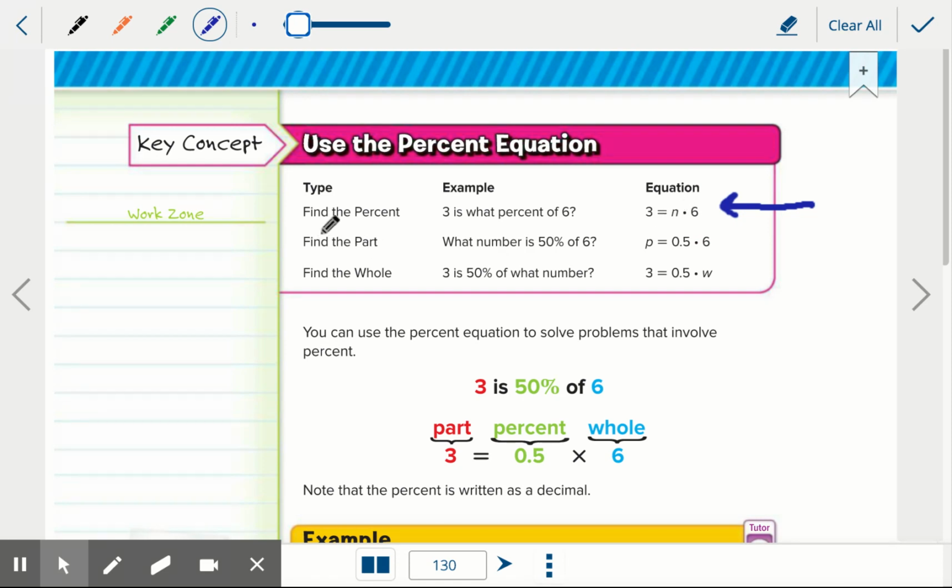If I'm looking to find the part, I'm going to be writing an equation that looks like this one. If I'm looking to find the whole, I'm looking for an equation that looks like this. I'm finding the w. So finding the percent, finding the part, and finding the whole, that's what we are going to be working on today, just like we did in the last few days, except instead of writing fractions and proportions, we're going to be writing equations.